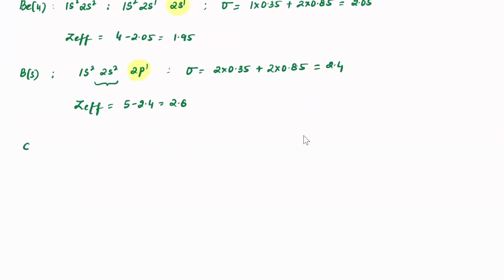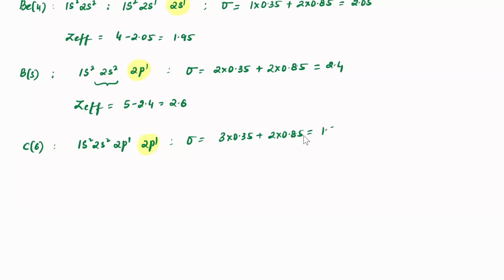And when it comes to carbon, you'll see carbon 6, which is 1s2, 2s2, 2p1, and 2p1. I'll write it this way just to show the reference. So again, I will have sigma equal to 3 into 0.35 plus 2 into 0.85.